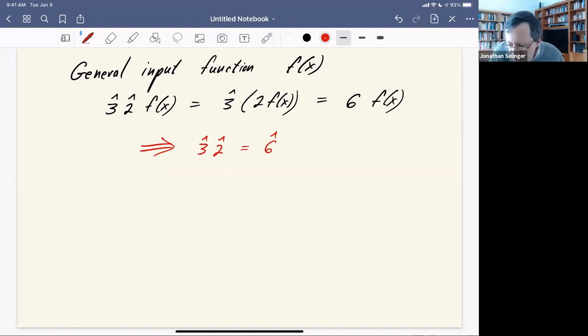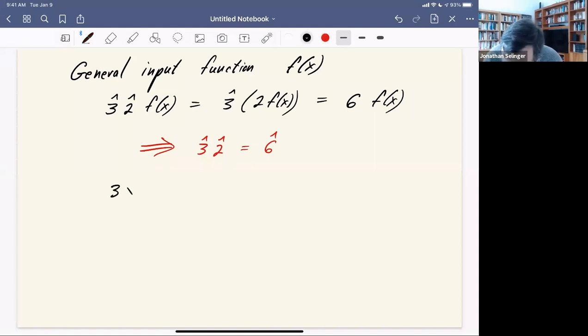This is now a general statement about the operators 3 hat, 2 hat, and 6 hat, that has nothing to do with what input they're acting on.